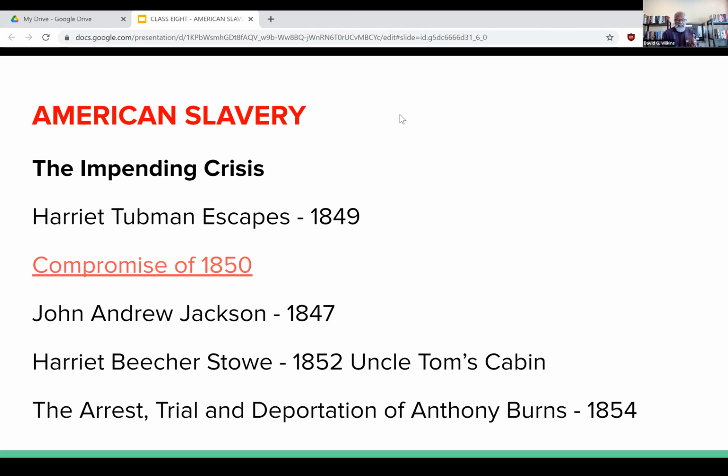Interestingly, when Lincoln meets Harriet Beecher Stowe sometime later during the war, he's alleged to have said, "So you are the little woman whose book started this war." So again, Uncle Tom's Cabin, immensely important. Several different publications followed its original publication in 1852, translated into several languages, really the first global bestseller.